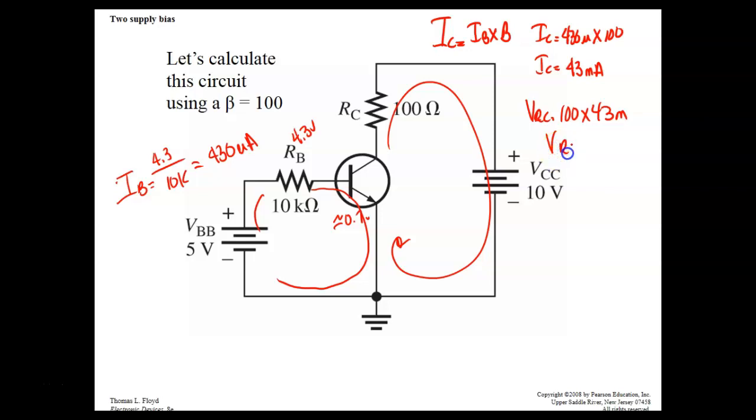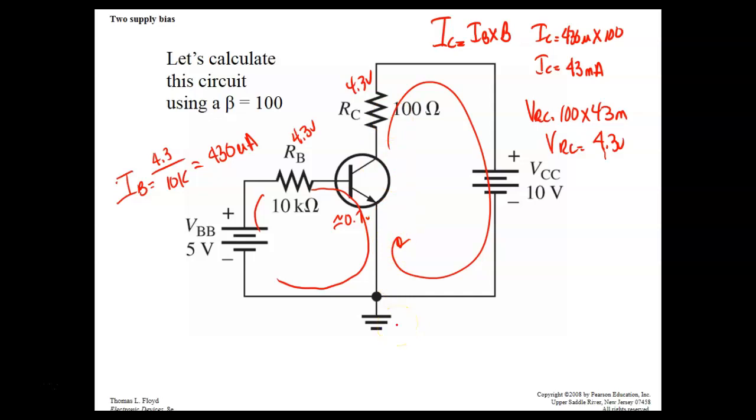So what's VRC going to equal? All right, I think, Lee, you're the only one doing it. 4.3 volts. Yes, sir. Okay, so this guy's dropping 4.3 volts.